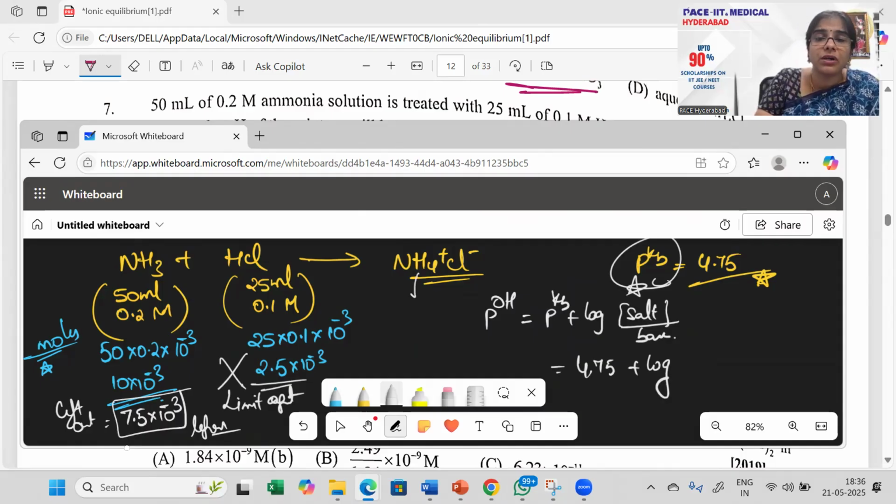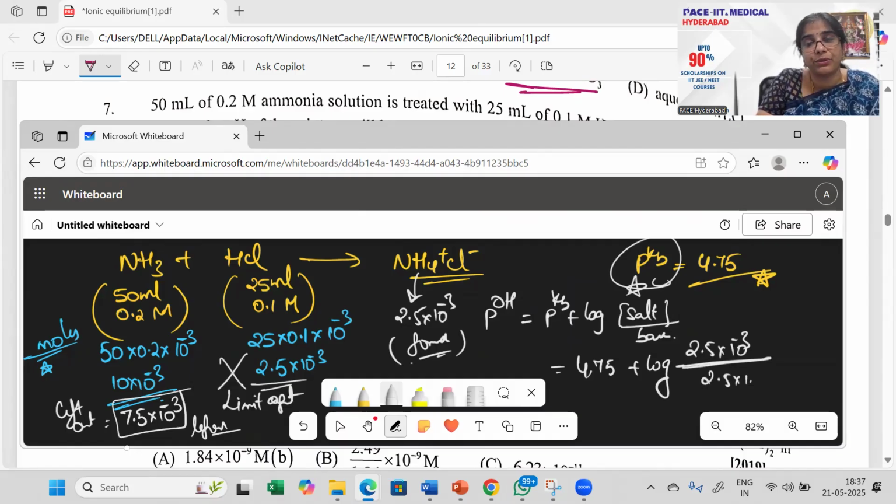How much is the salt concentration? For one molecule, one molecule will be formed. 2.5 moles used up means 2.5 into 10 to the power minus 3 moles getting formed. So log of 2.5 into 10 to the power minus 3 by your base concentration, which is the same 2.5 into 10 to the power minus 3. Log 1 is 0. The answer is 4.75 for your pOH.